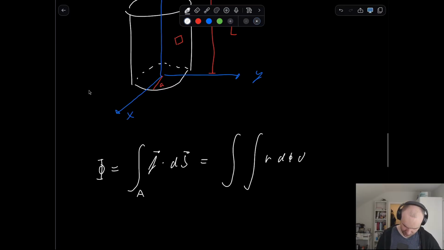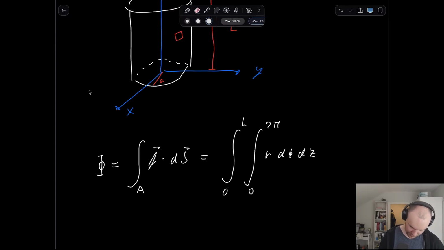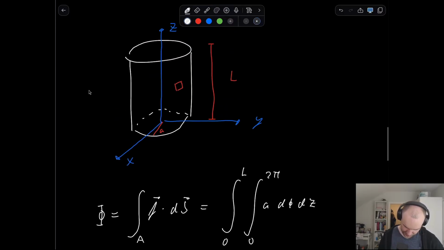Now, where are we integrating? We can do d phi first, that's just from 0 to 2 pi, and dz is just from 0 to l, and r is just a, of course.